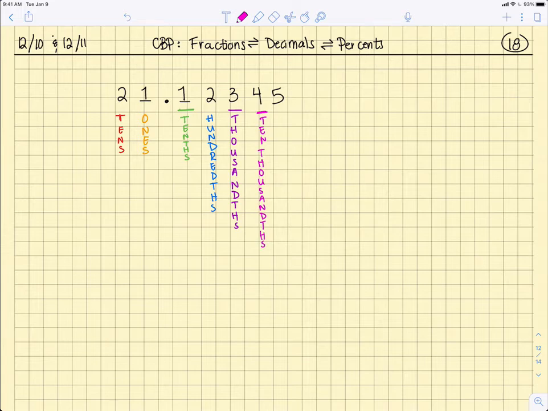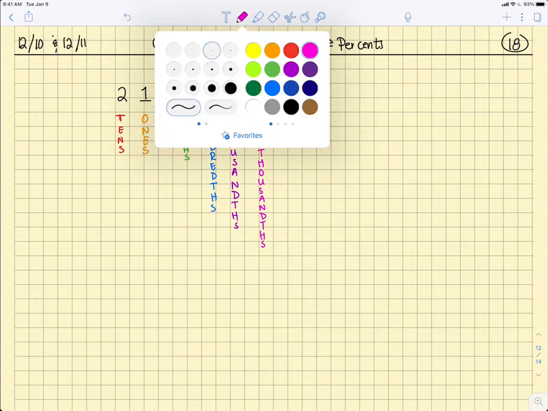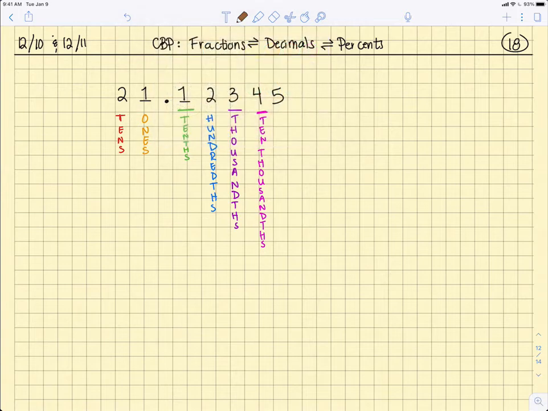It's actually really hard to write vertically. 10,000ths, and then this 5 here is in the, oh my goodness, it's going to take a while, 100,000ths. Woohoo! There we go, I did it. All right, so that was a quick review of the place values, and these are going to become very helpful as we go through the lesson today.